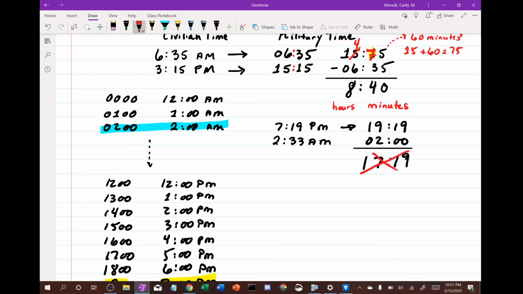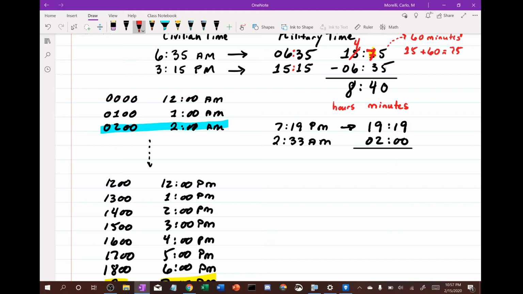So what happens with night shift is you got to think about this. You work from 7:19 p.m. to midnight. And then you start the clock over. But what you should really do is keep it going.